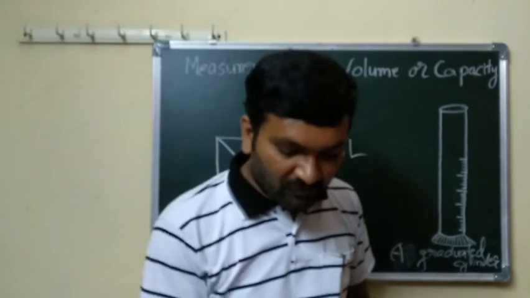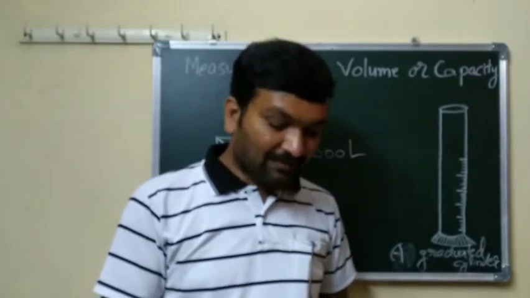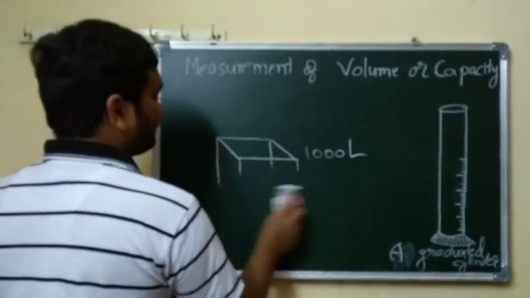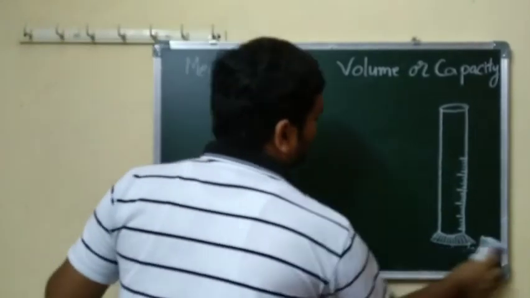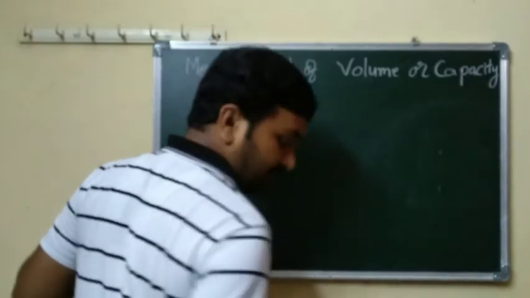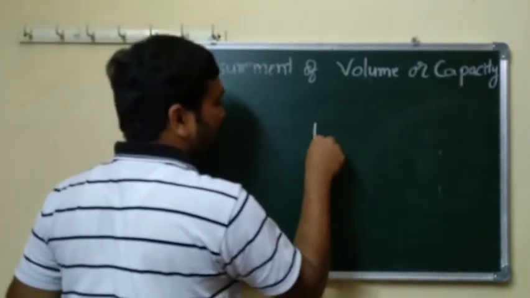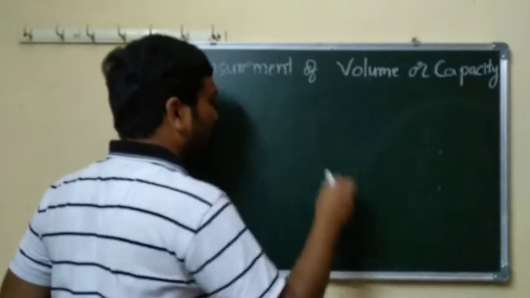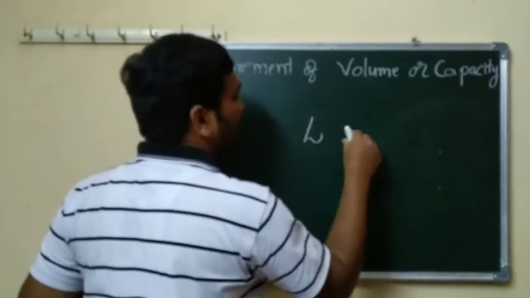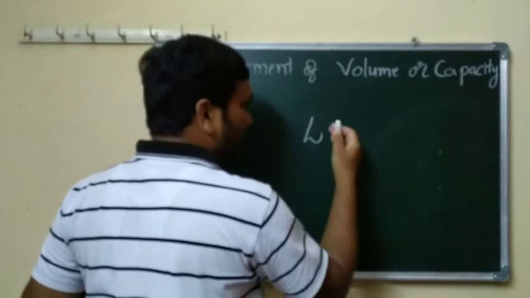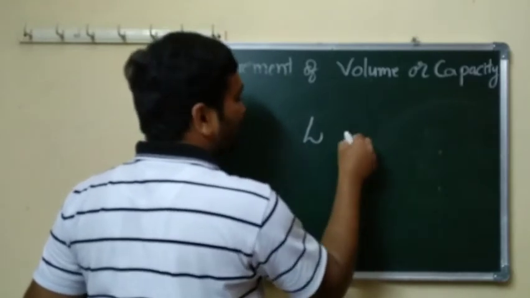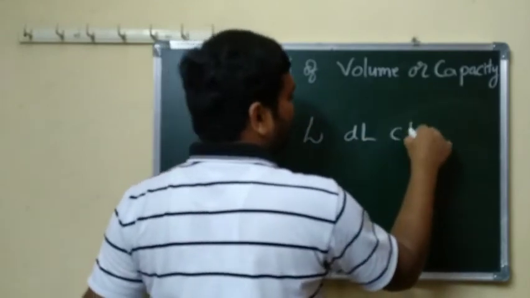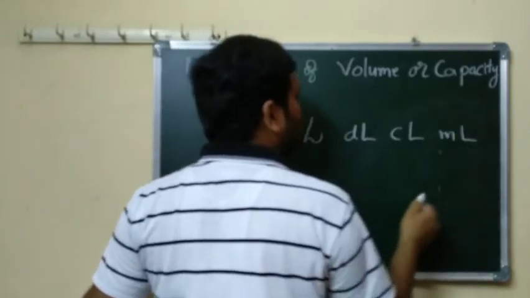Now let us go for the multiples and sub-multiples of the unit liter. Here is the liter. Going this side, the sub-multiples are deciliter, centiliter, milliliter.